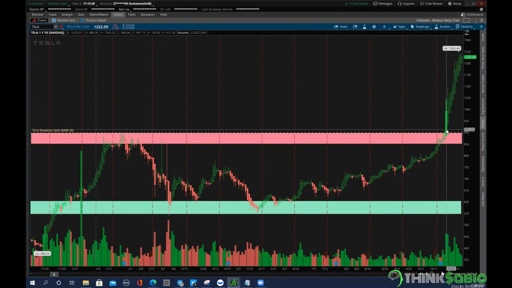That's called a breakout. This right here is called a breakout. Why? Because it is breaking the biggest supply zone here with volume and price action. Volume and price action. These are the only two leading indicators.